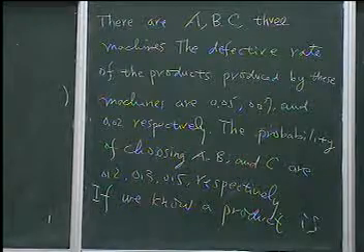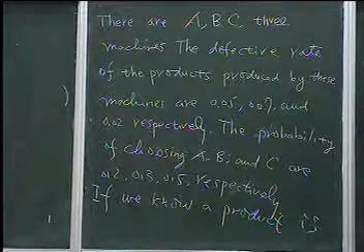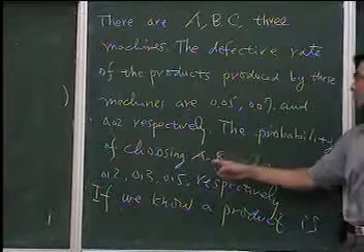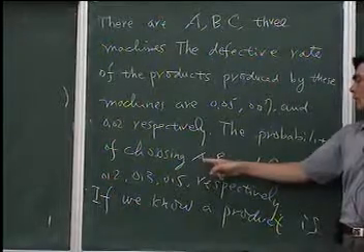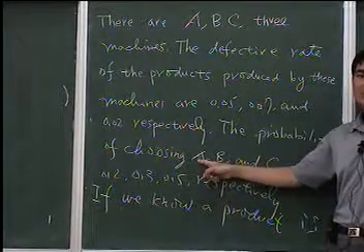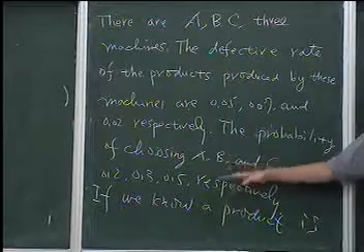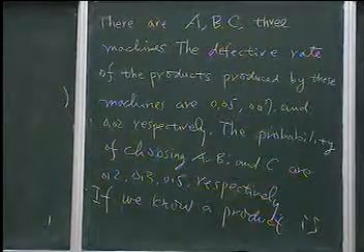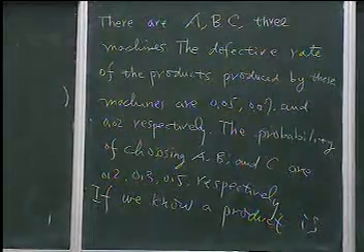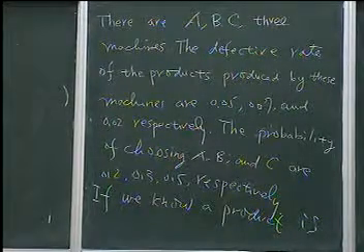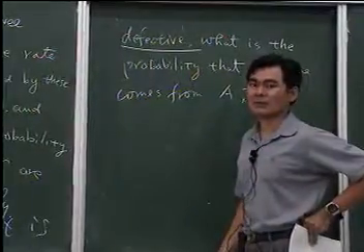And we also know the chances that a supervisor, when he wants to check the quality, will choose A. The probability is 0.2, 20%, that he will choose A, 30% that he will choose machine B, and 50% that he will choose machine C. Now a supervisor has already selected a product from these three machines, and we know this product is defective.